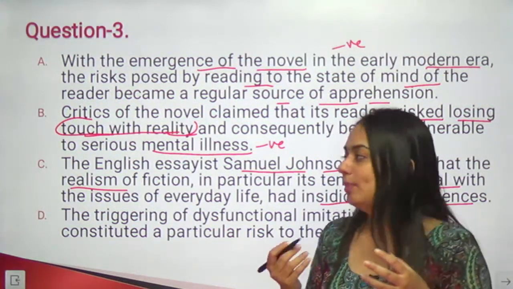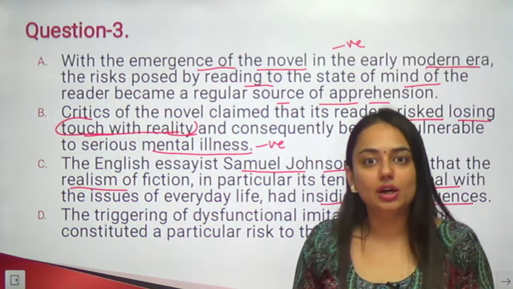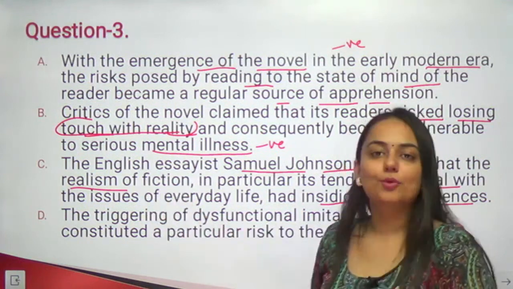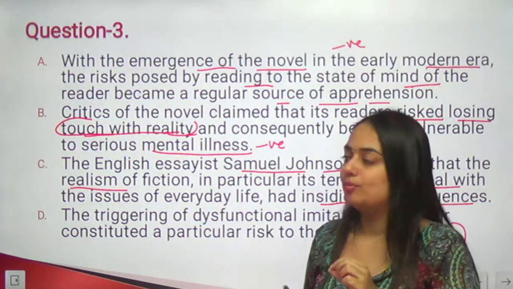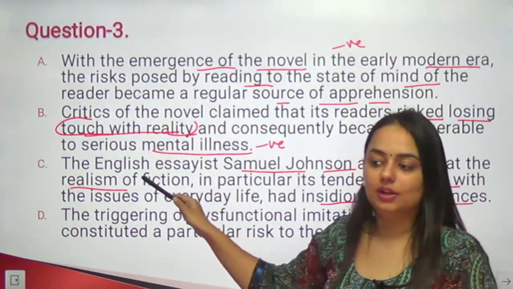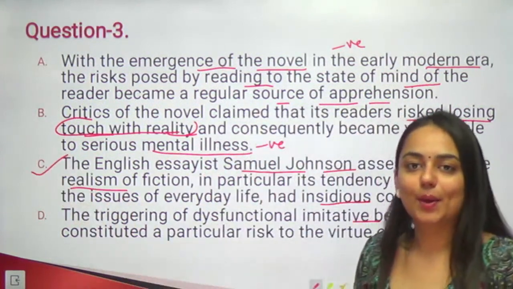So when the whole passage is not talking about the realism of fiction, rather fiction being unrealistic, fiction making us lose our mind, how can we talk about realism of the fiction? So this is how they will try to trap you by giving you the same kind of idea, but look at the approach, no? It's different now in C1. So C is the odd one out here, right?